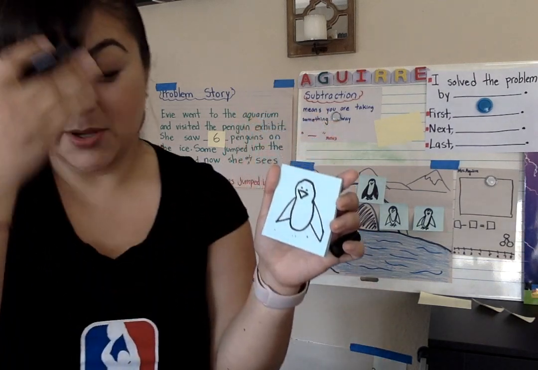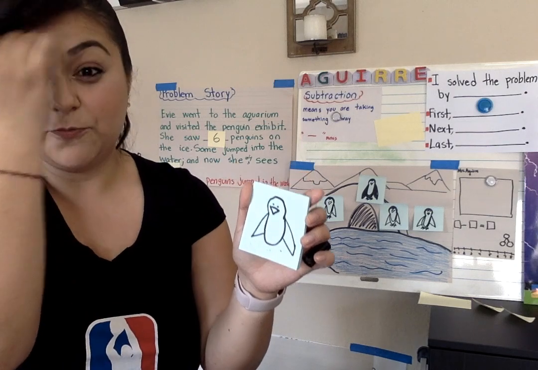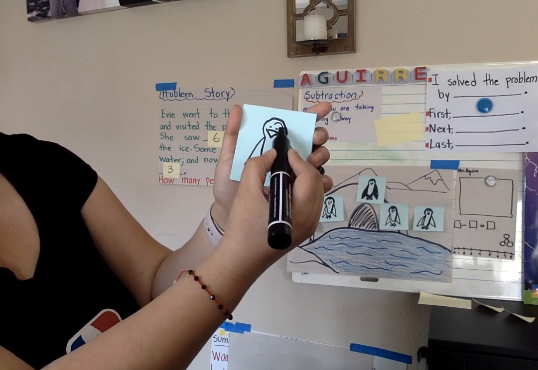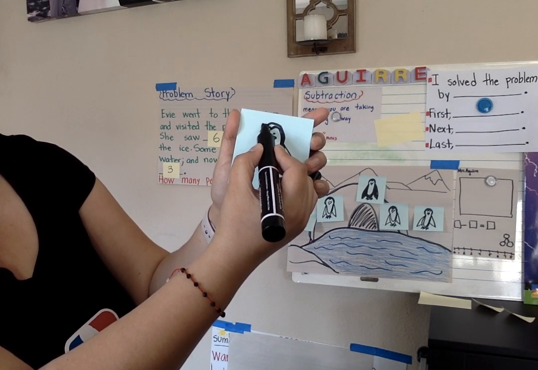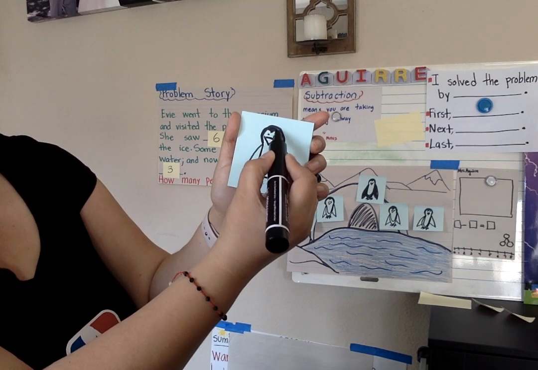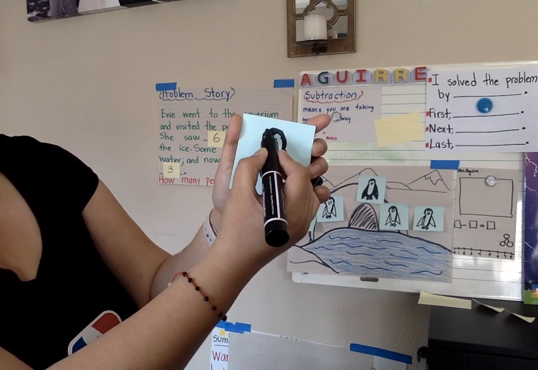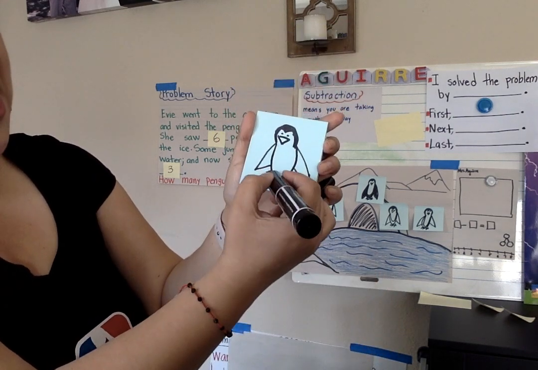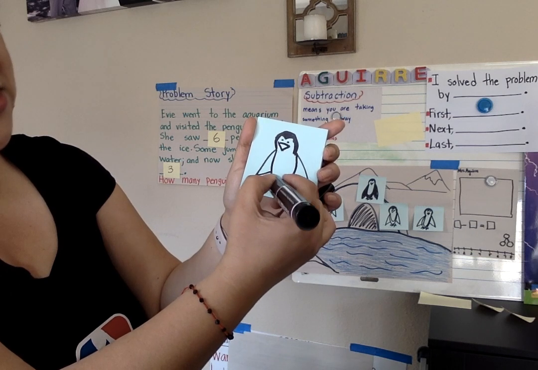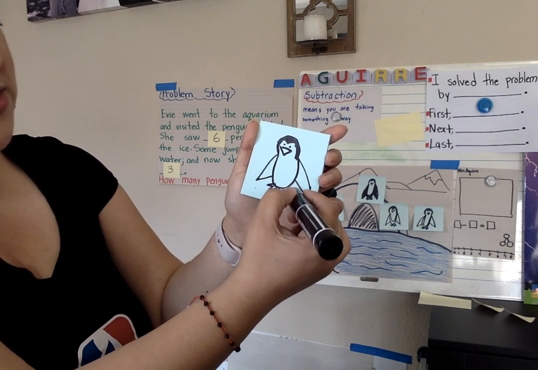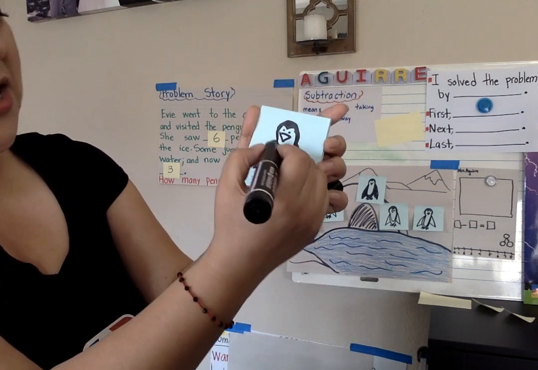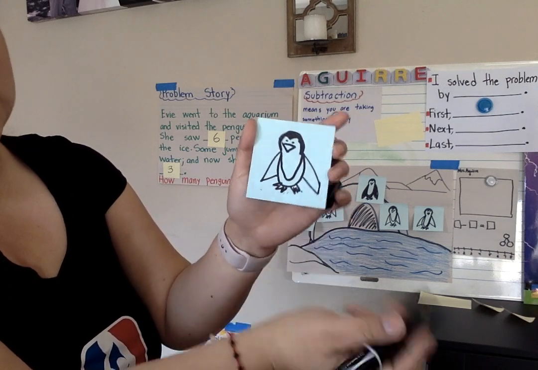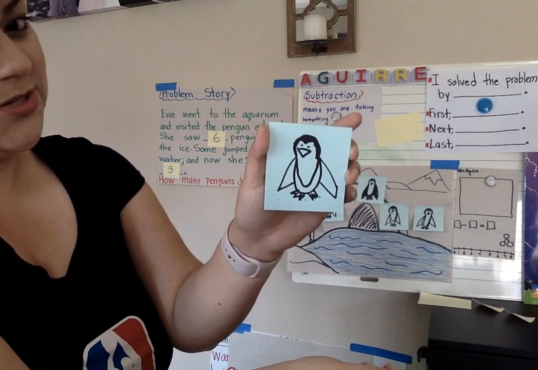Now, penguins have a dark spot in front, like on their forehead. So what I did is I went a curve like a heart. So it's like a little heart on the penguin's forehead. See? Like a little heart. Okay, great. And I do his little feet. 1 foot, 2. And then you could just color the black wings and the black belly. And that's it. That's how I try to do my penguin.